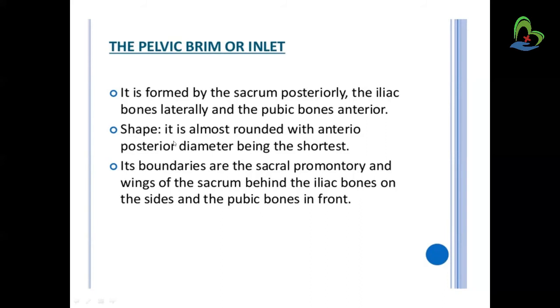In the brim, the anterior posterior diameter is very short, and the boundaries are the sacral promontory and the wings of the sacrum, or the ala of the sacrum, behind; the iliac bones on the sides; and the pubic bones in the front. These together form the pelvic plane.